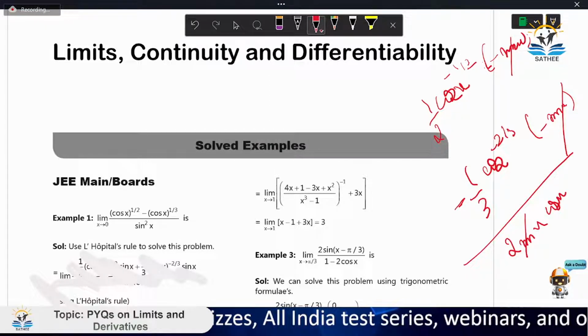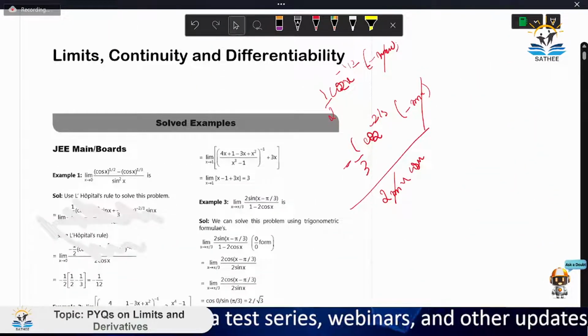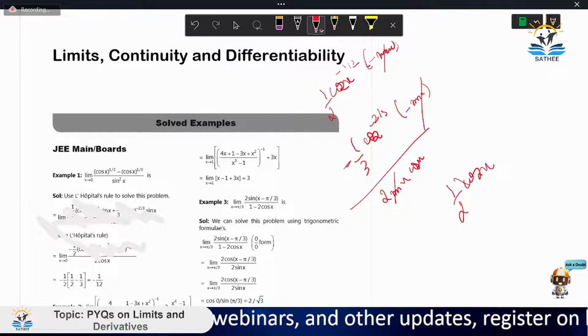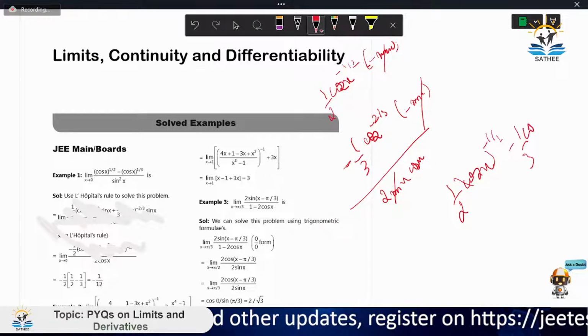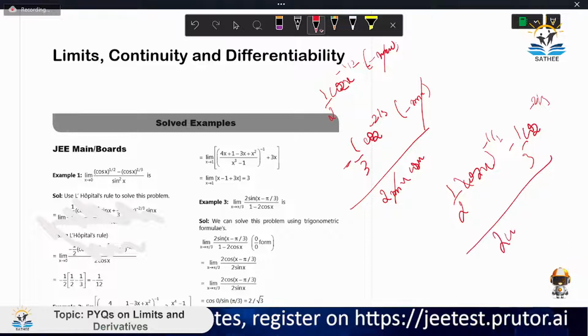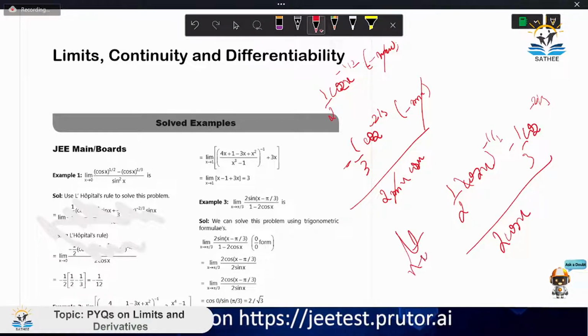So let's cancel the sin here, because it has to be cancelled. And now what are we left with? Half cos x to the power minus 1 by 2 minus 1 by 3 cos x to the power minus 2 by 3, over 2 cos x. And then our x is going to 0.